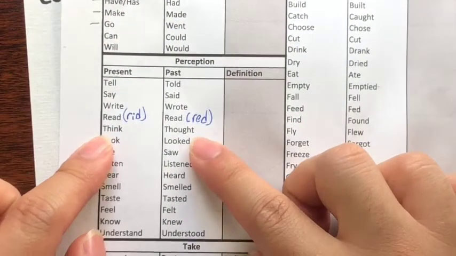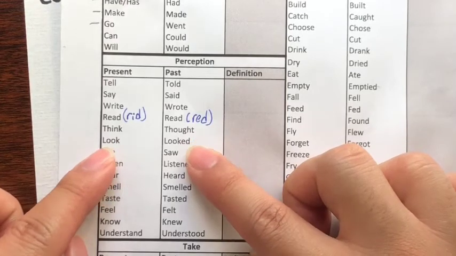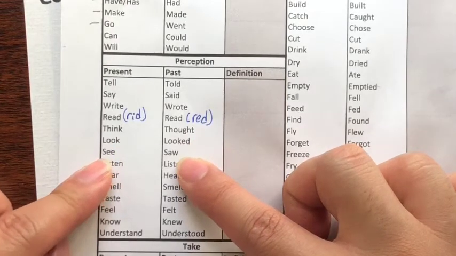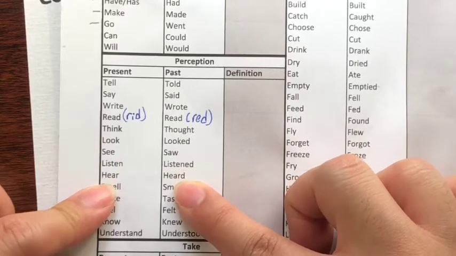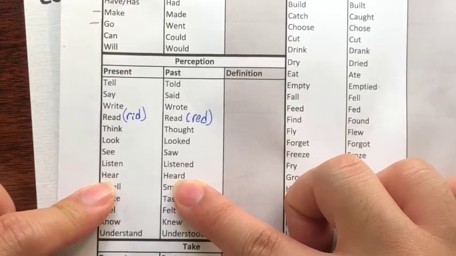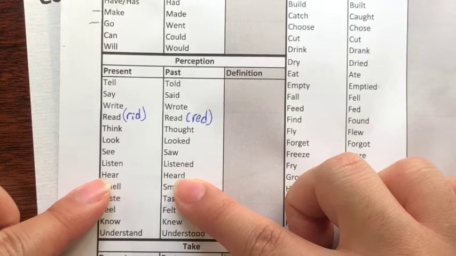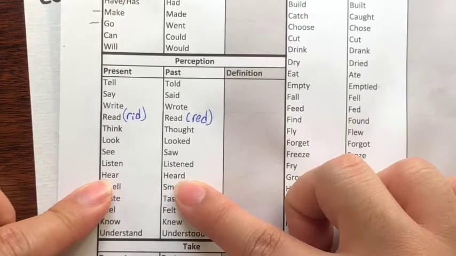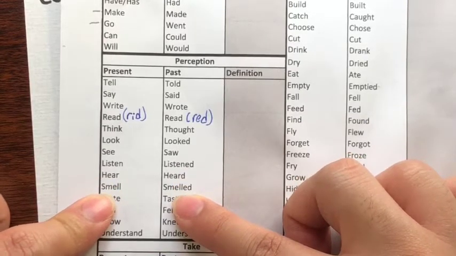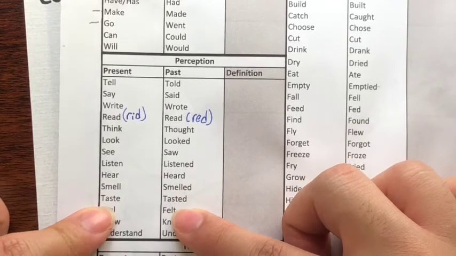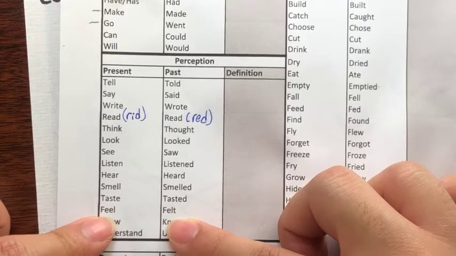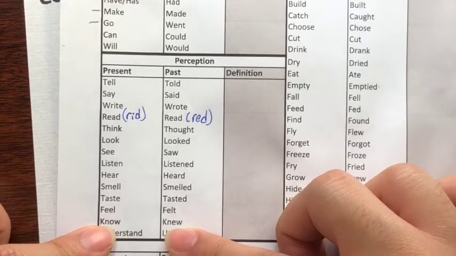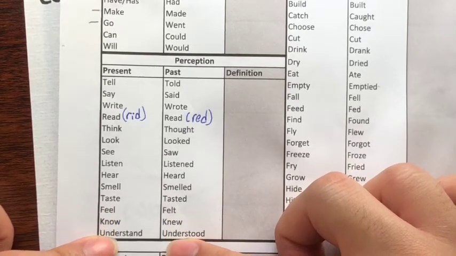Think, thought. Look, looked. See, saw. Listen, listened. Hear, heard. One more time. Hear, heard. Smell, smelled. Taste, tasted. Feel, felt. Know, knew. Understand, understood.